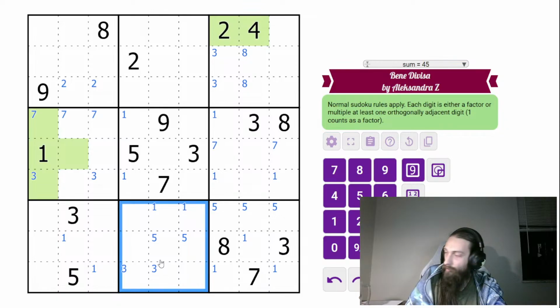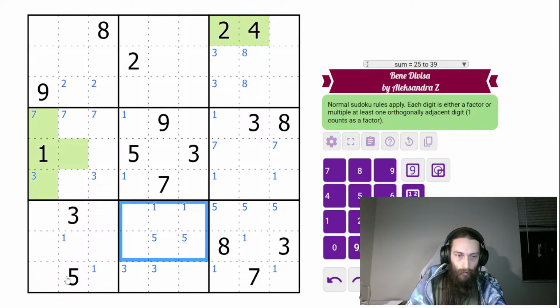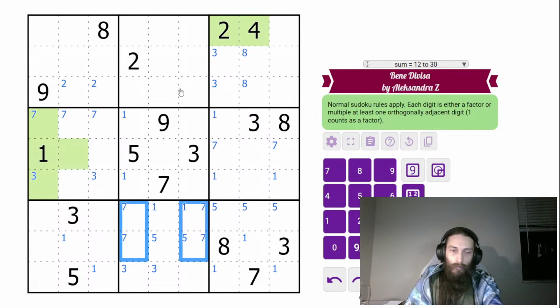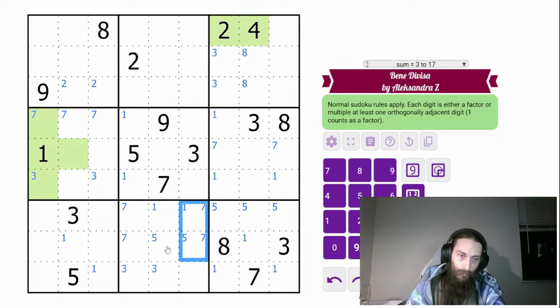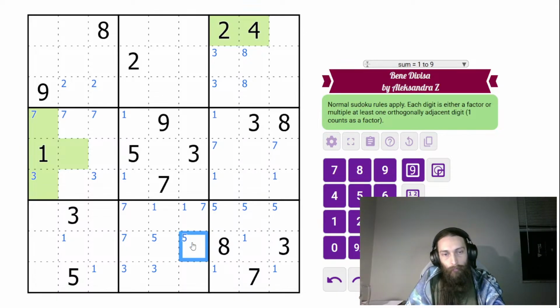Okay, where does 7 in box 8 go? Not on the bottom and not in the middle. So if it's in those 4, if this was a 7, the 1 would be above it. But then I couldn't make this 5 work. So that's not a 7.